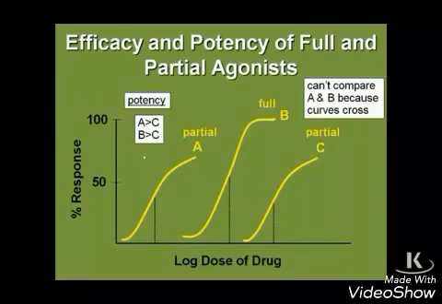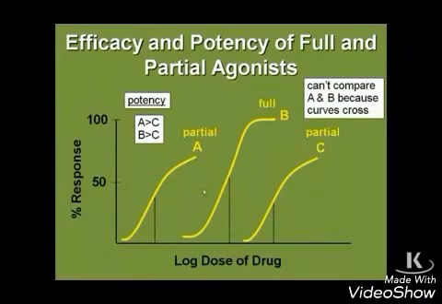That would be A, somewhere around about 70% on our response scale. At that same dose, notice that B has already peaked at 100%. So if B was at 100, A was at 70%, drug B is more potent than drug A at all the doses above the concentration where the two drugs intersect.